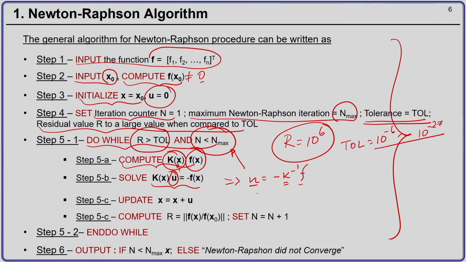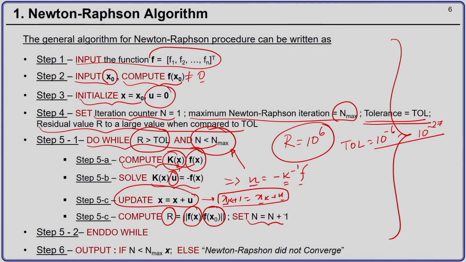Okay. Once we have solved, we update the value. So, this is like x k plus 1 is x k plus u. Okay. And then what we do is we again find out the function at the new solution point x k plus 1 and take its norm with respect to the value of the function at the start, and we call this the residual r. Okay.